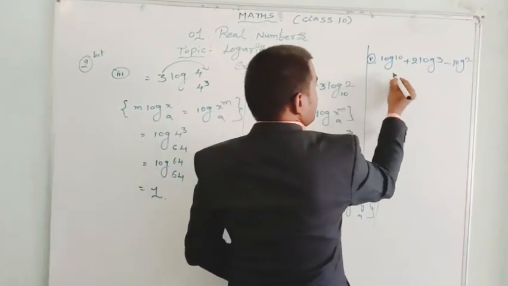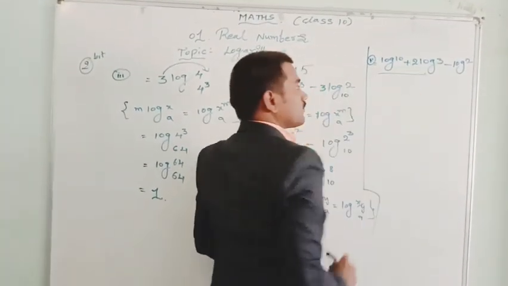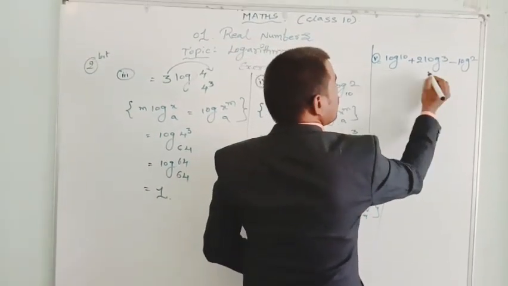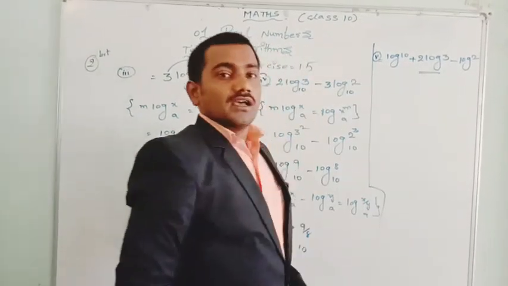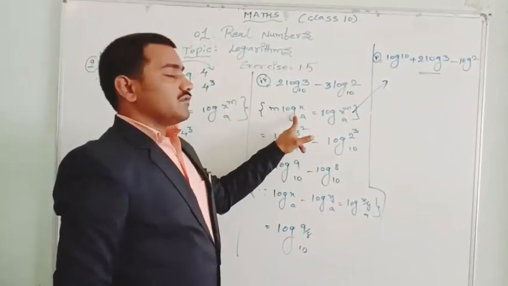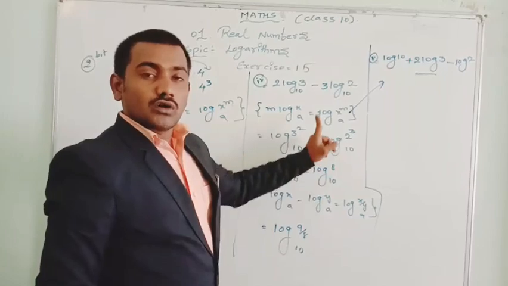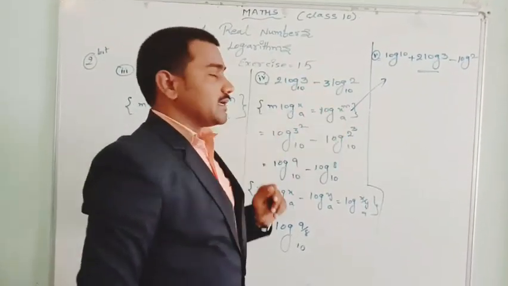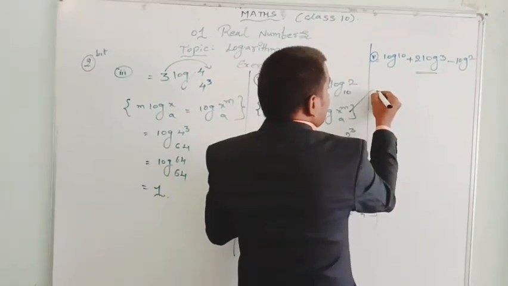So first we go for this 2 log 3. First we go for solving this second term, because it is in the m log x base a form. So we need to change it as log x to the power of m base a. So we change it in that form now.